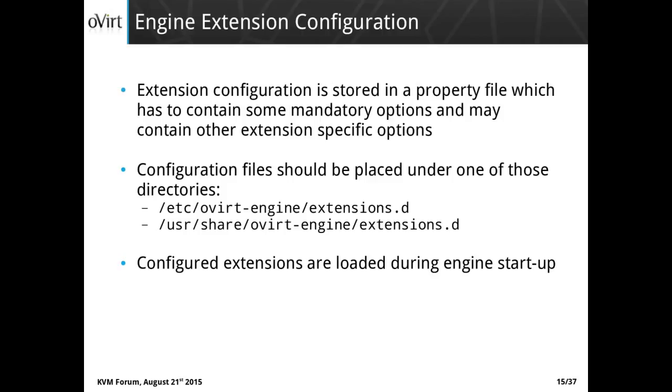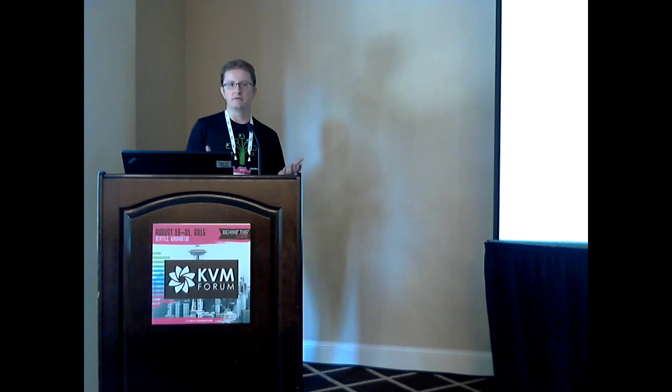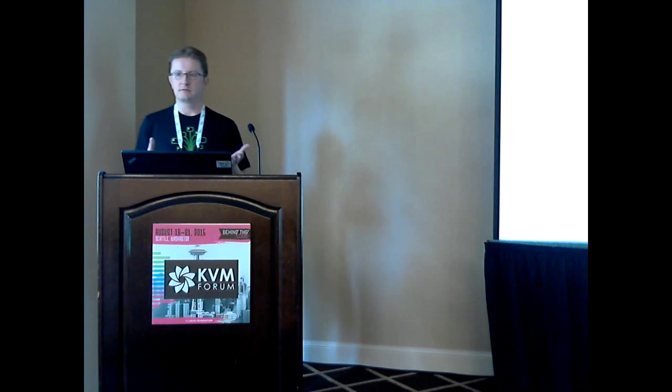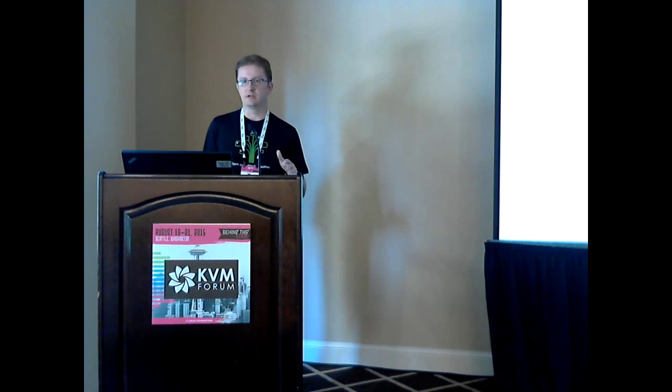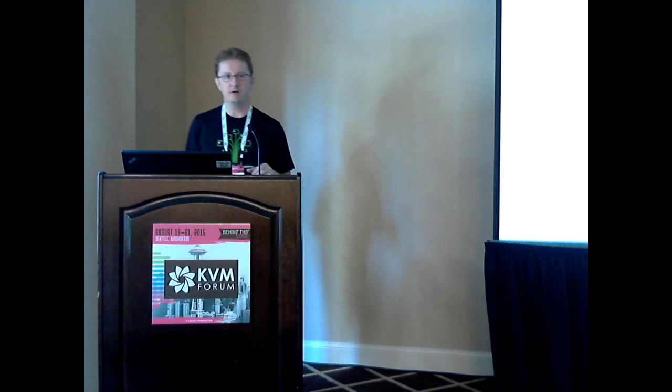As I said before, the extension contains 2 parts. The first part is a jar file, which is placed into the JBoss module structure, and this is just put into the engine's JBoss modules class path.